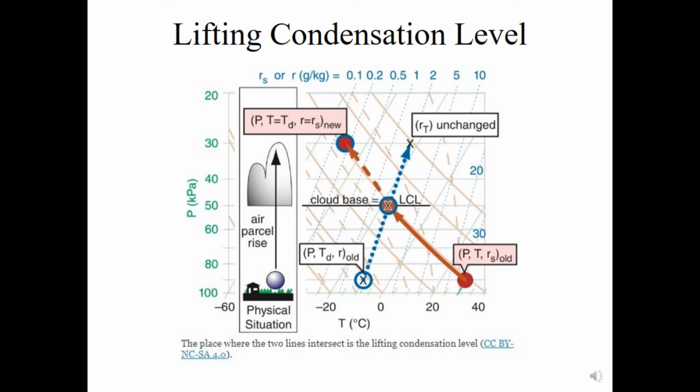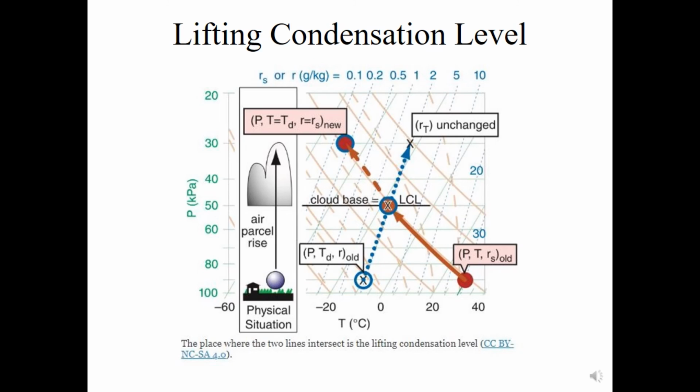And over here in the blue, we have essentially the dew point temperature at that starting location. And recall that on the skew-T diagram, the solid brown lines in this case are the dry adiabats, and the dashed green lines going up are our mixing ratio, r.